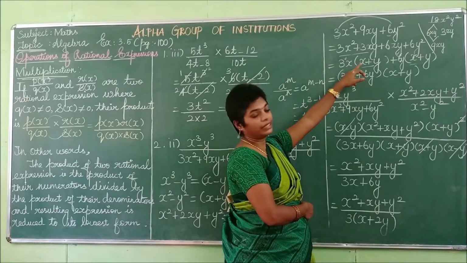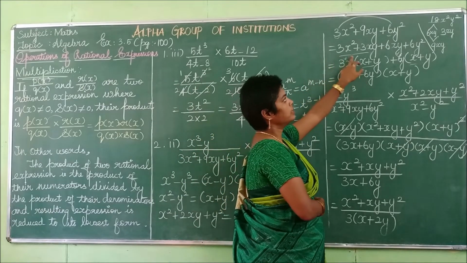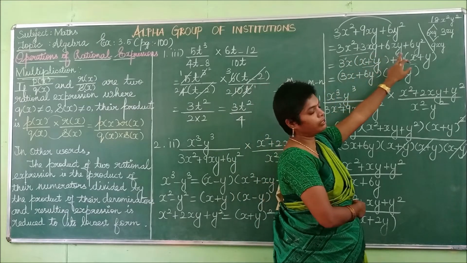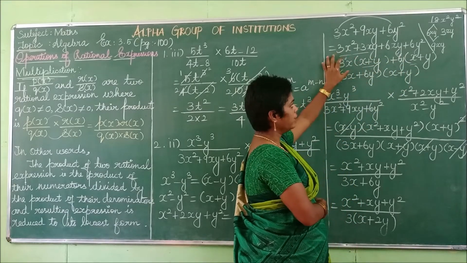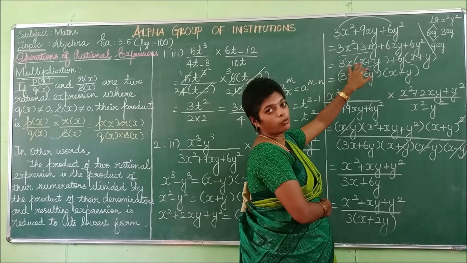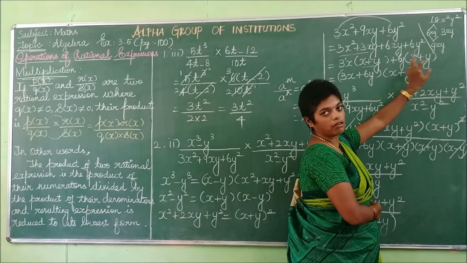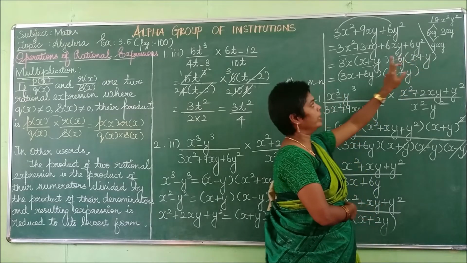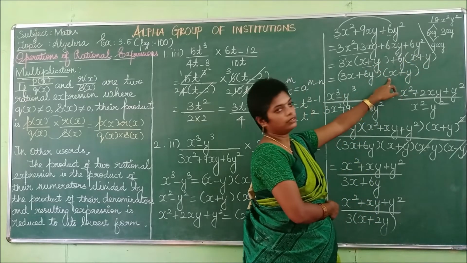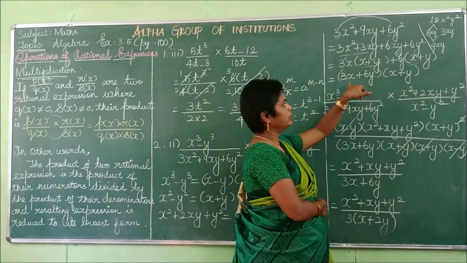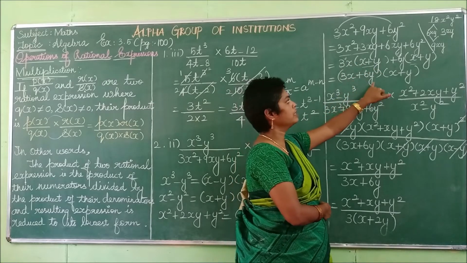So you can split the center portion first. 3x squared plus 3xy plus 6xy plus 6y square. Then commonly take 3x, and what is the remaining term? X plus y. So here if you take x plus y as common, what are the remaining terms? Plus 6y. So x plus y is taken as common. The remaining terms can be written like this, 3x plus 6y.